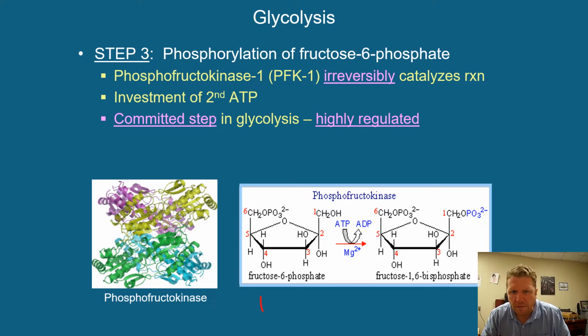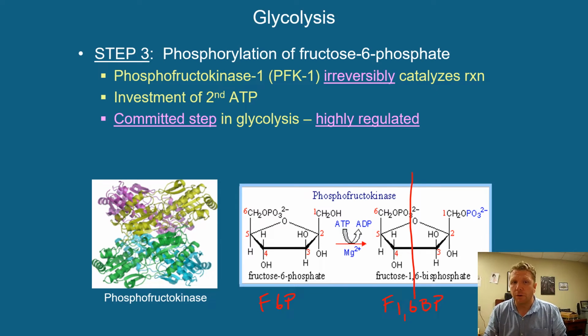So here is our F6P, fructose 6-phosphate, and here is the resulting molecule, F16BP, fructose 1,6-bisphosphate. We've created something that looks pretty much symmetrical. So phosphofructokinase is the enzyme that does that. It invests our second ATP molecule.